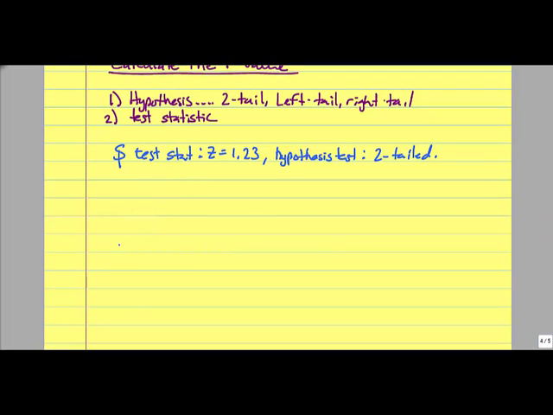The p-value is the probability of seeing a test statistic as extreme or more extreme than the one that we see, assuming H0 is true. Again, we're assuming normality. I'm using a Z, so that's the standard normal distribution. Here's 1.23, so as extreme or more extreme. Because this is a two-tail test, the area I find here is going to be half of my p-value.